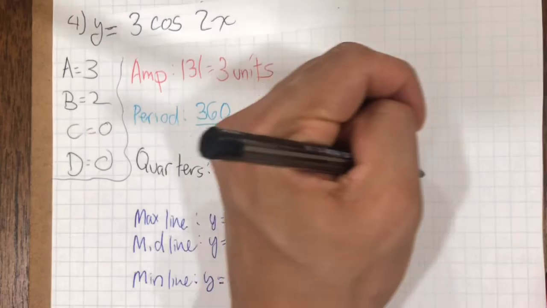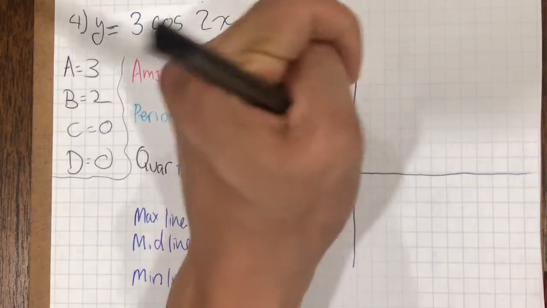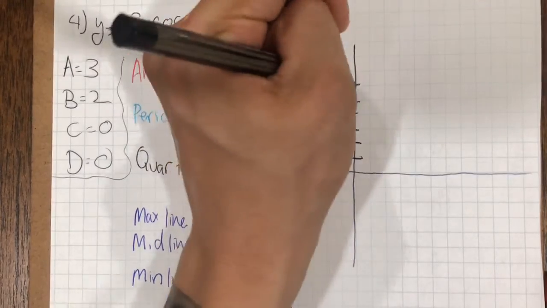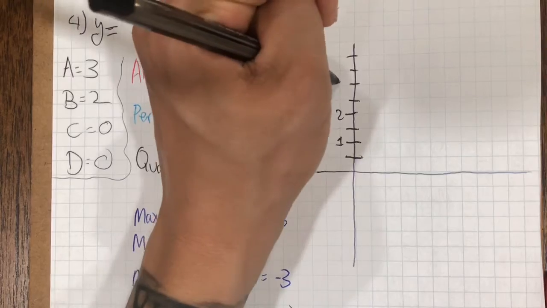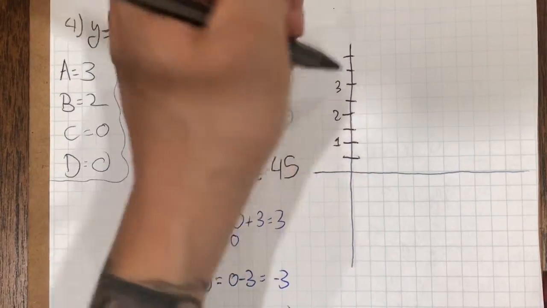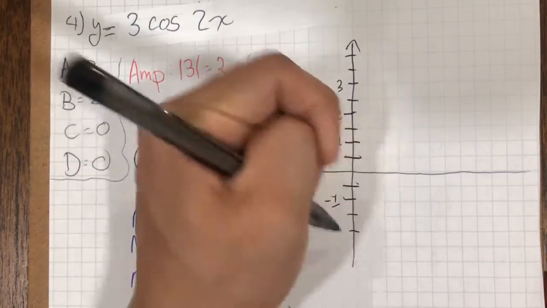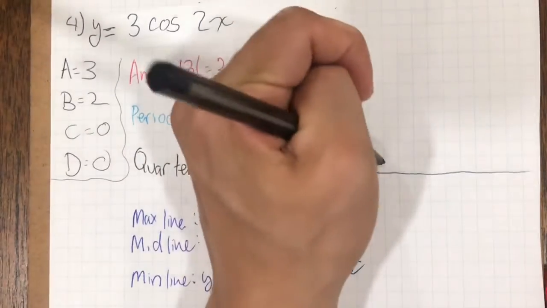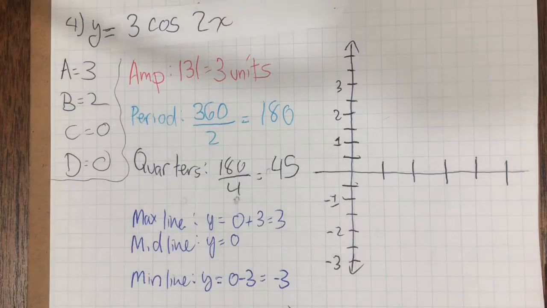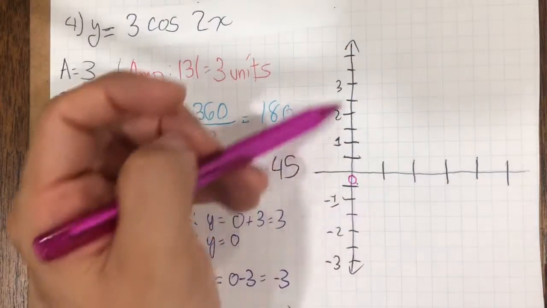All I'm really doing to get the graphs is using the pattern from the original graphs to make my new graph. So 1, 2, 3, 1, -1, -2, -3. All right, and I have my x-axis. So I start at 0, 0, or in this case 0, 1.